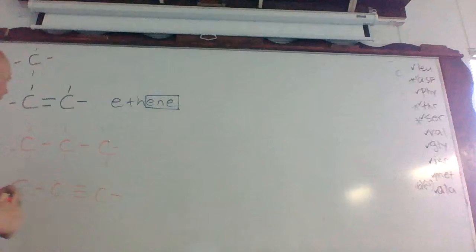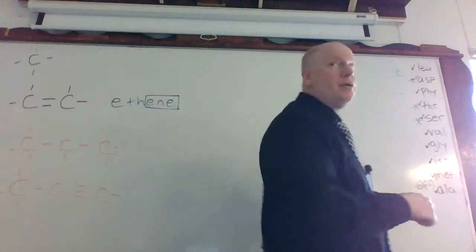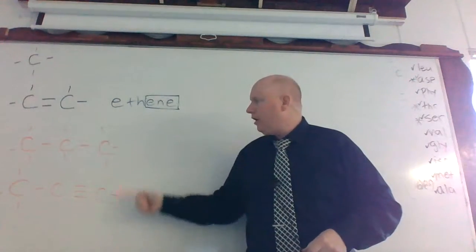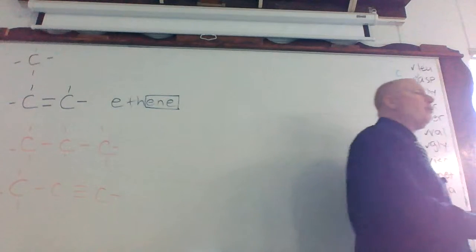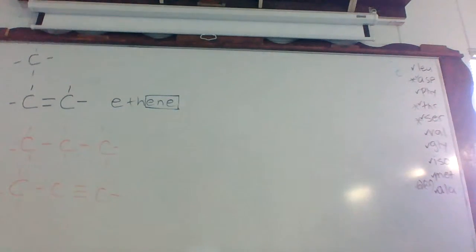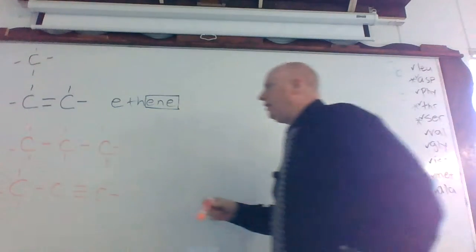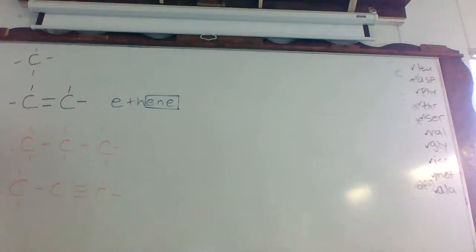Does it look like those two examples of 3 carbon compounds, does it look like they are written correctly? Yes, no? Okay, yeah, both of them are compounds that we could discuss.